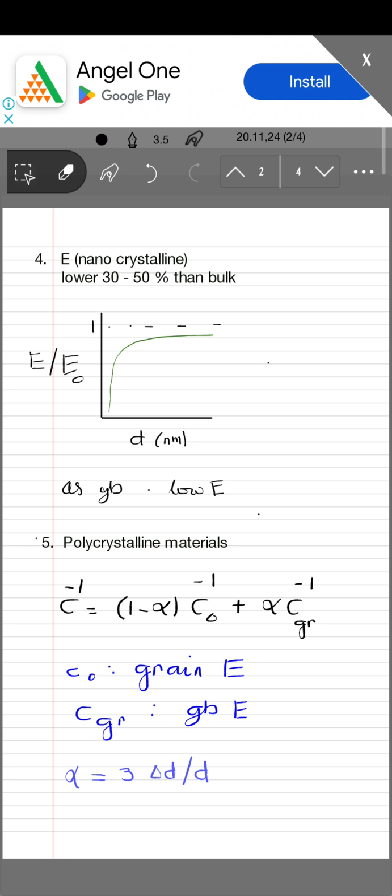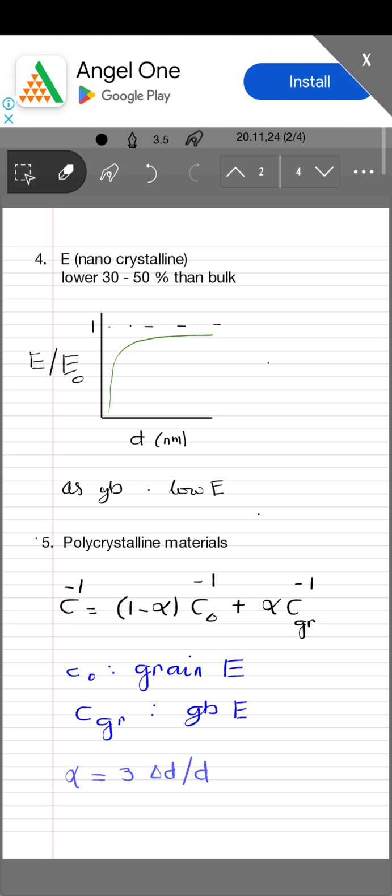Plotting elastic modulus with the reference value of the bulk, what can be seen is that there is a decrease of elastic modulus, and this elastic modulus decreases by 30 to 50% in comparison to the bulk.